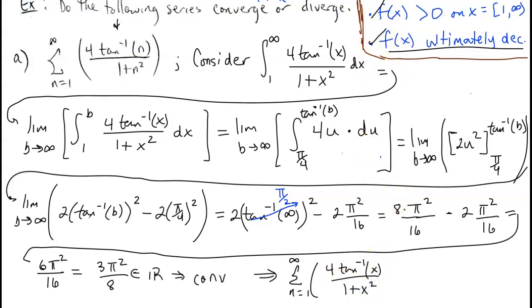I don't know why I'm writing x when it should be n, but hopefully you get the point there. So we got n here, n there, converges. So we know that this particular series converges, and we know that that happens by the integral test.